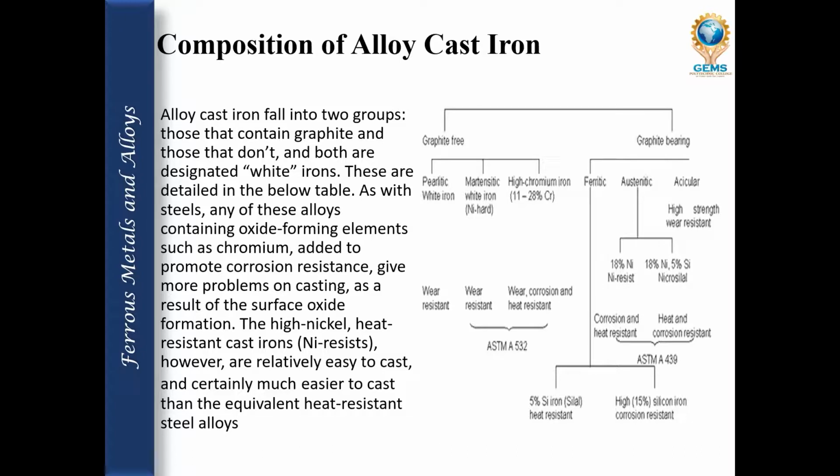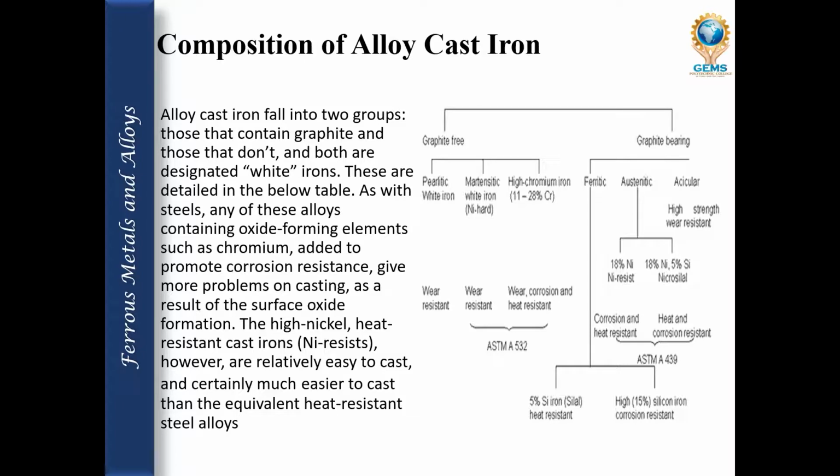So basically these are formed into two groups, that is, graphite free and graphite bearing. You can see the flow chart of how it is happening. Here it has wear resistance, there it has corrosion and heat resistance. The material which has graphite is good in corrosion and heat resistance, but the material which does not have graphite is good in wear resistance.